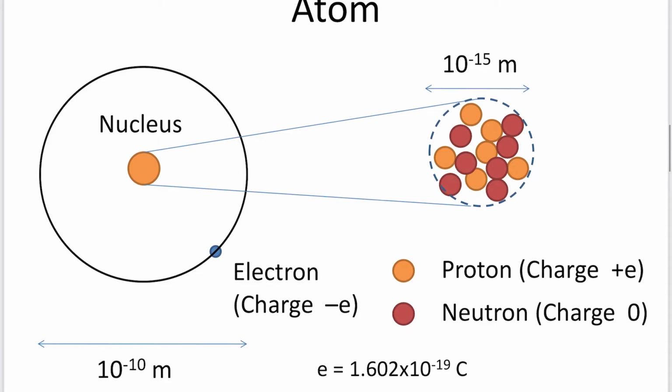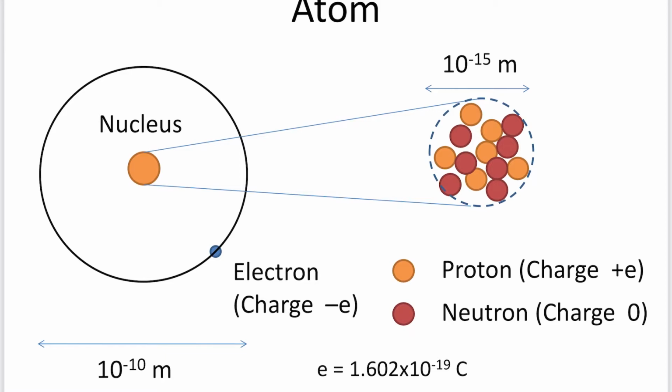So let's review the structure of atoms. This is a simple figure to describe the structure of atoms. In the atoms, a nucleus is located at the center. The size of the nucleus is 10 to the minus 15 meters to 10 to the minus 14 meters. Protons and neutrons are located inside the nucleus.